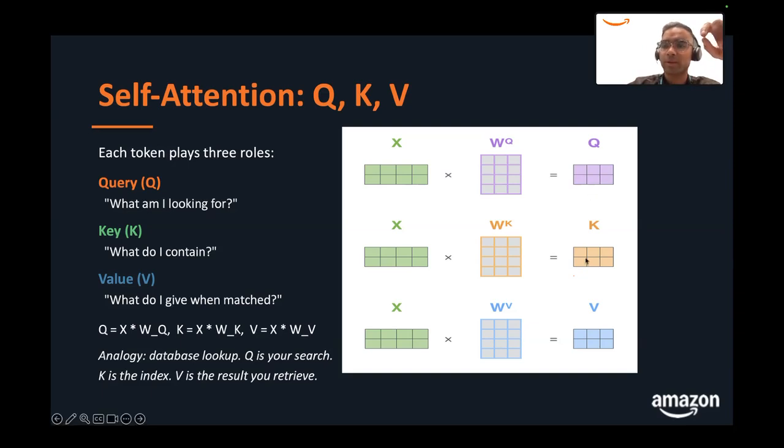QK transpose is a matrix multiplication between two matrices, and that is why this operation can be parallelized using GPUs. RNNs were not able to be parallelized. This can be parallelized because we just need inner products between different vectors, which can be done using matrix multiplication.